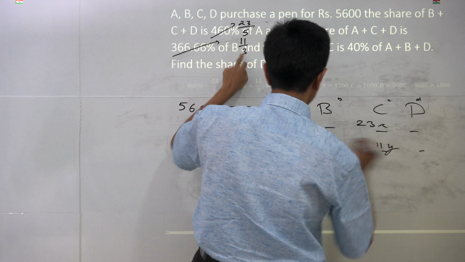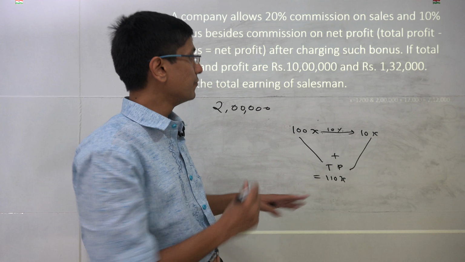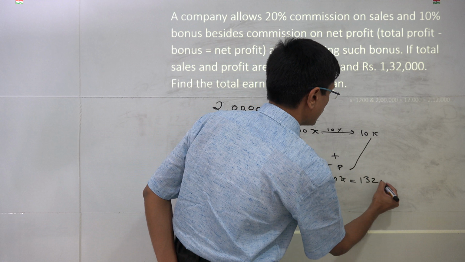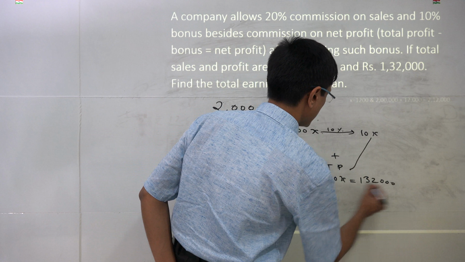This is what this problem is actually saying. So on this net profit of 100x, I am giving this bonus of 10x, and if I add this together, I get total profit, which comes out to be 110x. And of course, we know that this 110x is equal to 132,000.